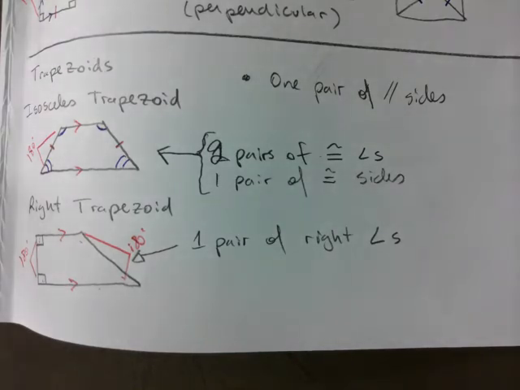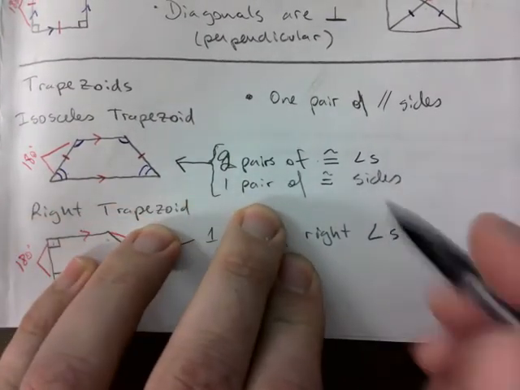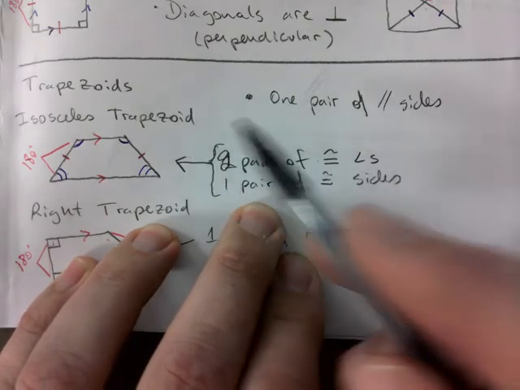Okay. We continue our journey. Go to 190, okay? I want to add something to Isosceles Trapezoid.